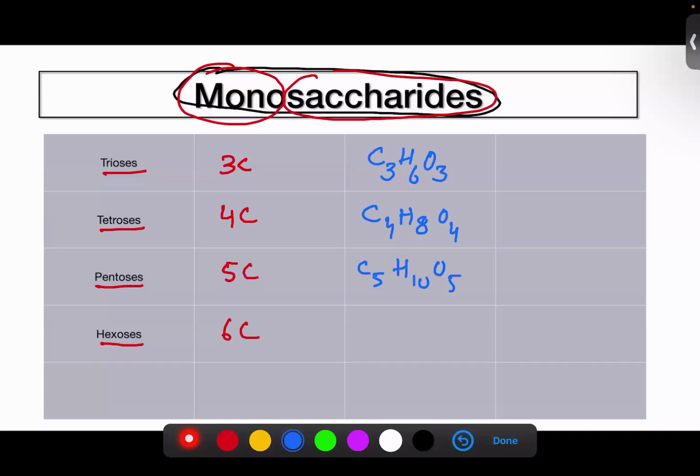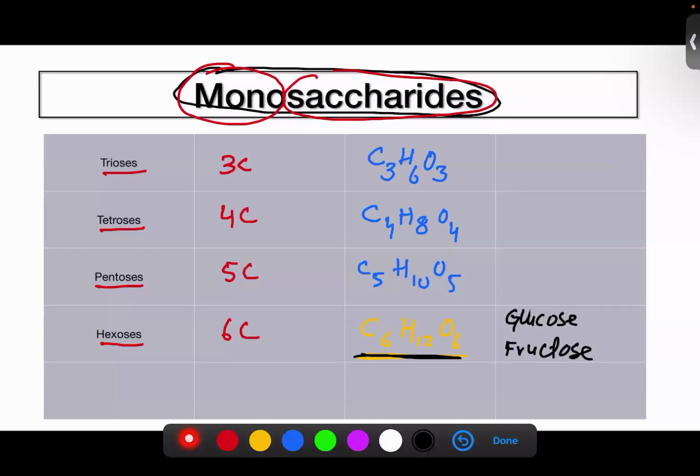And for hexoses, you will see they are C6H12O6. This is what we'll discuss in detail. Okay, hexoses. There are two examples of hexoses that we'll discuss. One is glucose and the other is fructose.